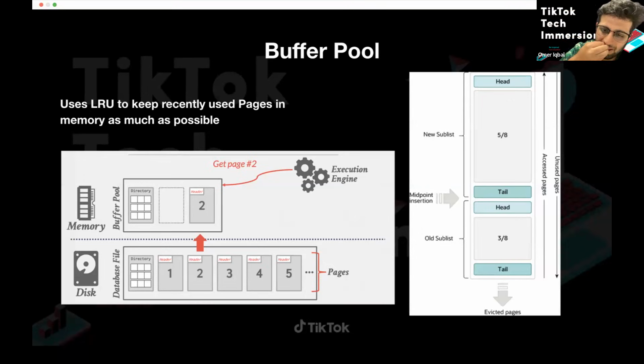For InnoDB in particular, the buffer pool is organized as a list where they insert pages in the middle, and then they have some kind of eviction strategy. You can read up on more details for InnoDB; I won't go into too much detail for now.